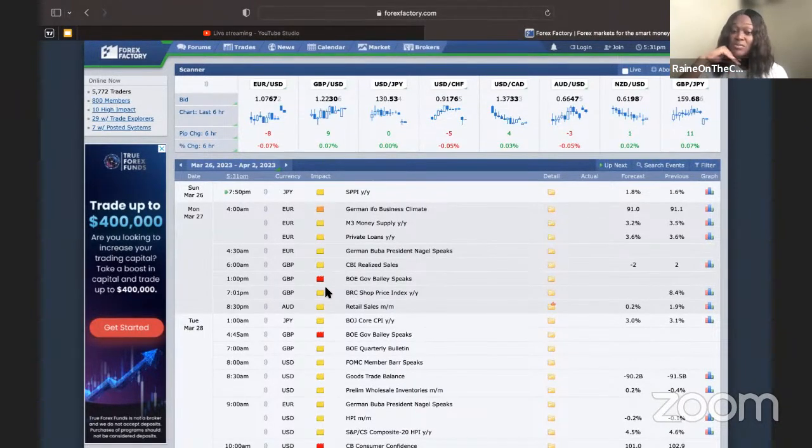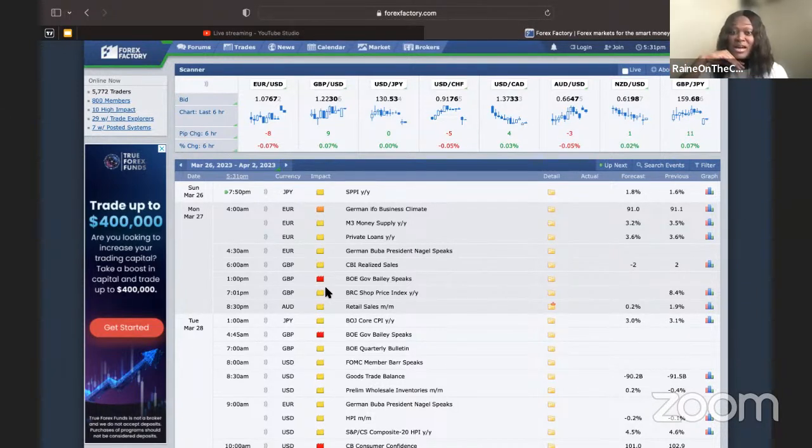I never claim to really know. I just know that when CPI is coming out and it's a red folder, it's going to be bloody for some people and some people are going to be robbing the bank. But if you don't understand things, it's best to not be in there and just observe until you can figure it out. Remember I mentioned being reactive.